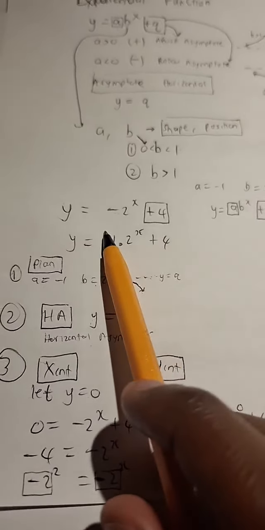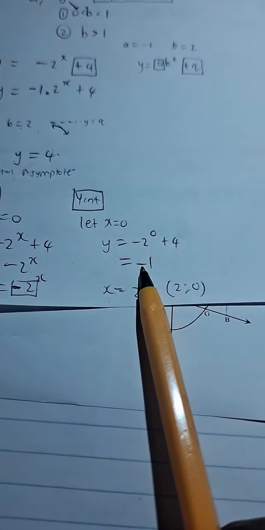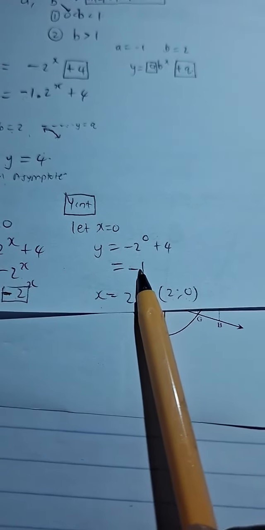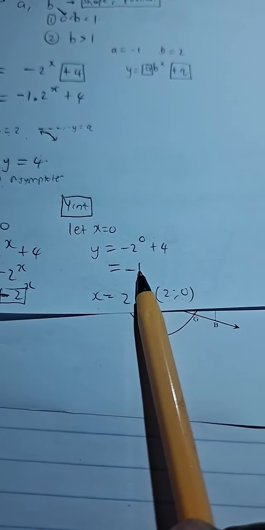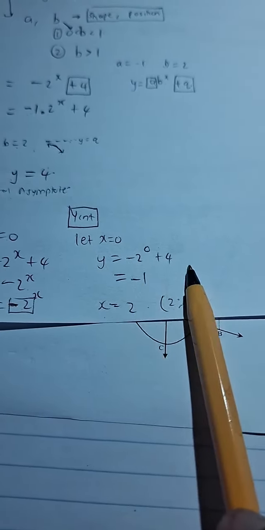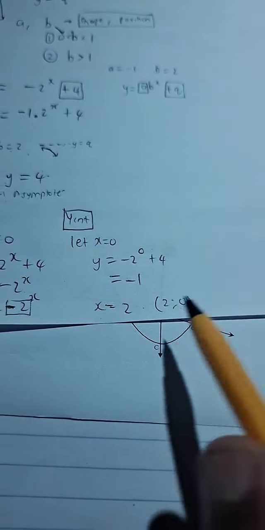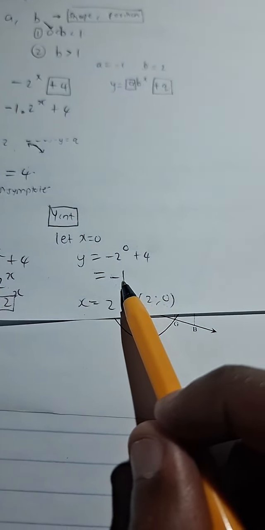But 1 times the negative 1 will still give me a negative 1. So the answer is negative 1. And that's very important to understand. For ease, if you put this all in your calculator, you can simply get the answer straightforward. But let us be very careful with this.